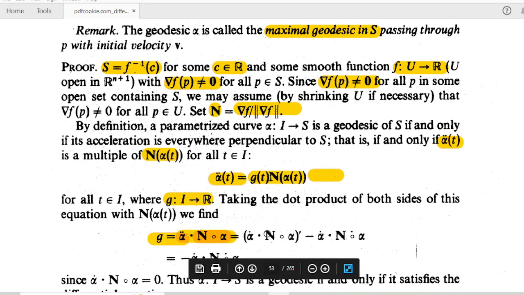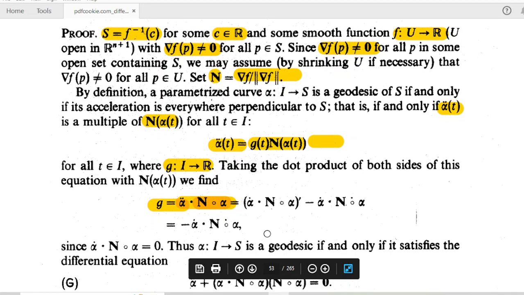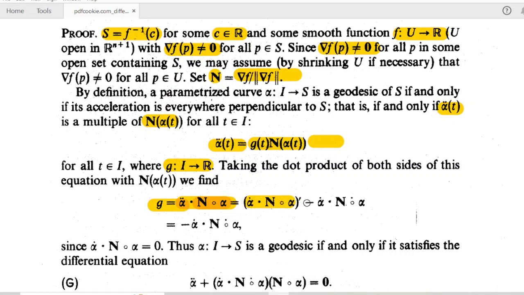Now this can be written as alpha double dot dot n composition alpha dash minus alpha dot dot n composition dot alpha.